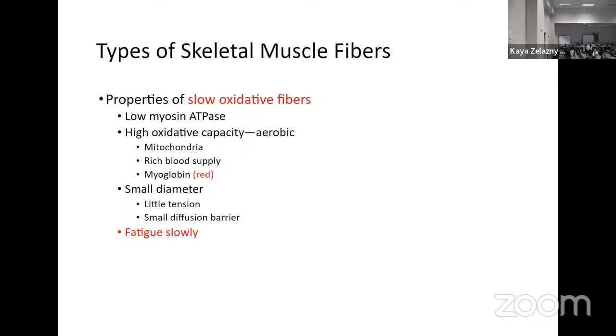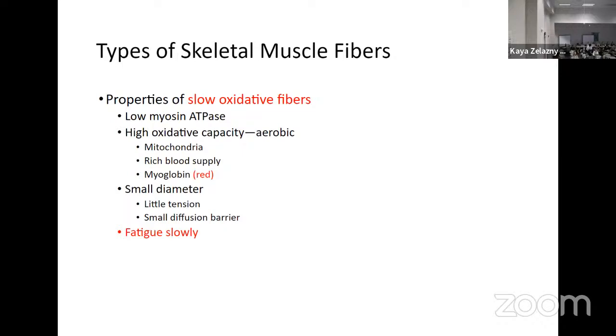The kind of byproduct, though, is that because they're small in diameter, they can't produce as much tension. So they can't produce as much force because they're small, they're skinny. They don't have as much actin and myosin stacked together. So they're not going to produce as much force per muscle fiber.